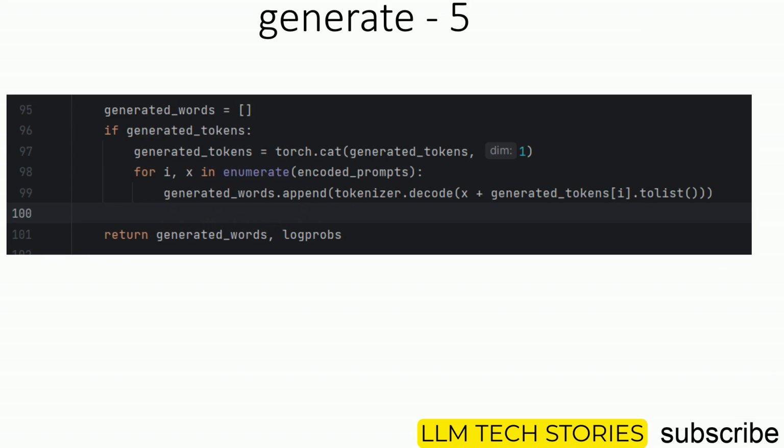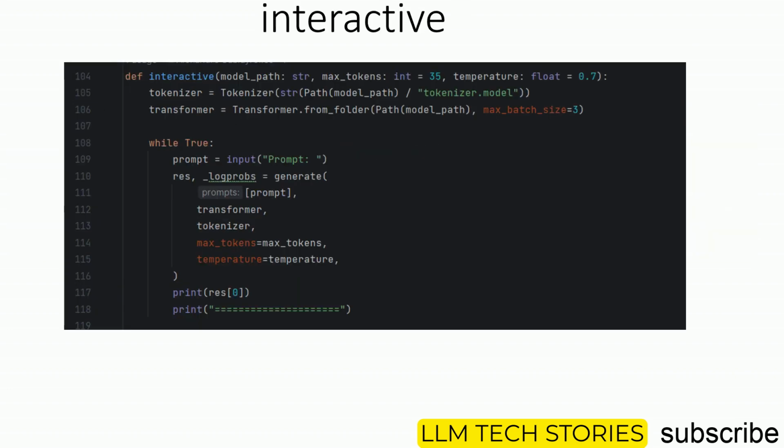Moving on, next we have an interactive function. This interactive function can be invoked by the user if the user wants to provide some set of prompts to test the model or to see how the model behaves.